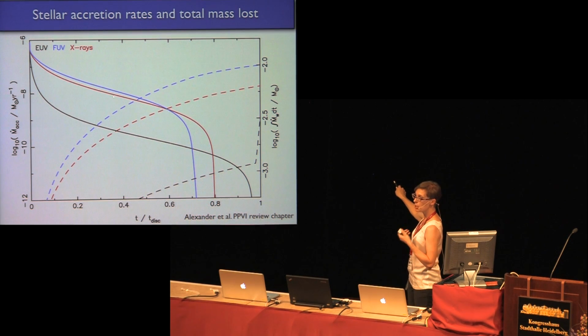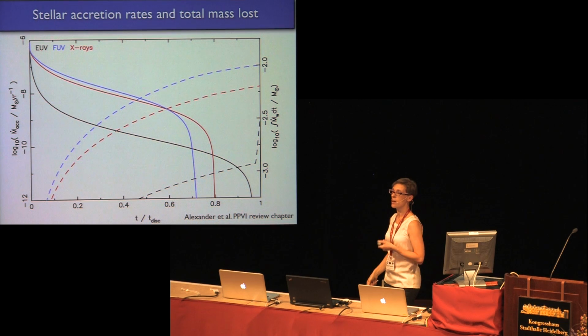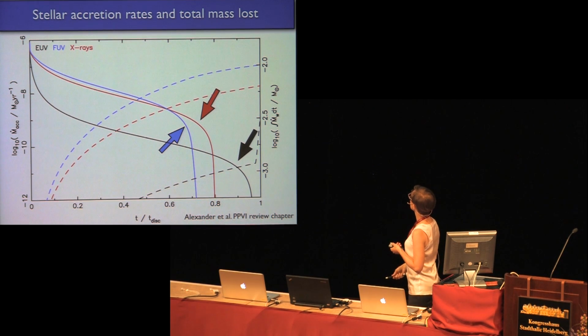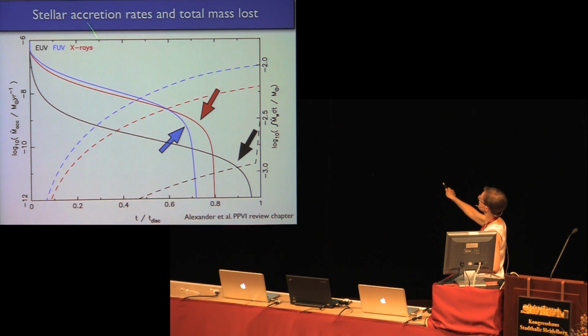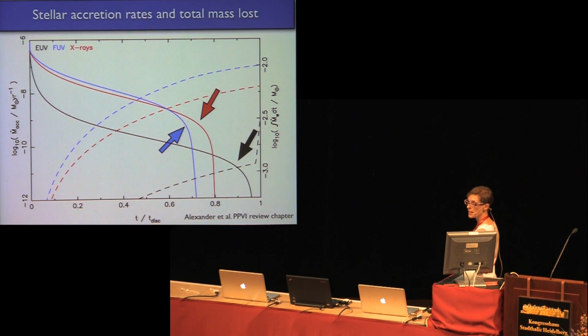And this is because evolution is dominated by viscous accretion. But then at some point, the mass accretion rate declines very steeply. And this is where photoevaporation takes over viscous accretion. So the important thing to realize is that for X-rays and FUV, this drop in the mass accretion rate occurs much earlier than in the EUV case.